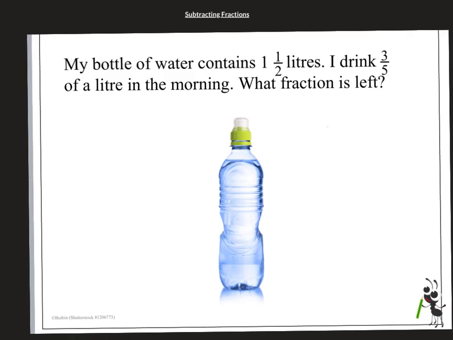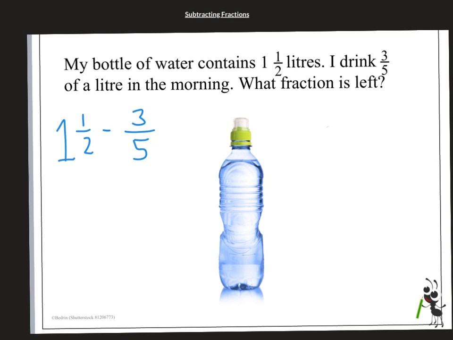Challenge 2, question 3 is some problem solving. So let's look at D together. It says my bottle of water contains 1.5 litres. I drink 3/5 of a litre in the morning. What fraction is left? So I'm doing 1.5 take away 3/5. Hopefully you'll be able to spot the problem immediately here, which is that our denominators are different, 2 and 5.